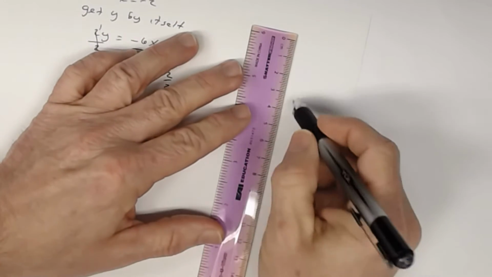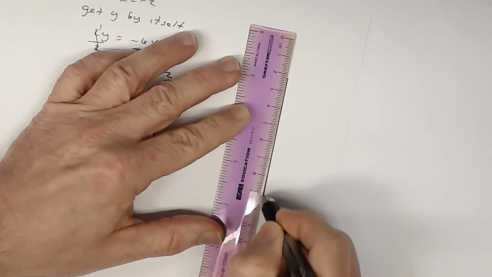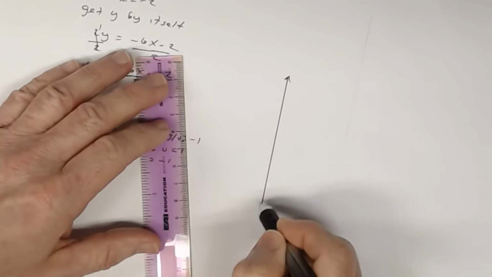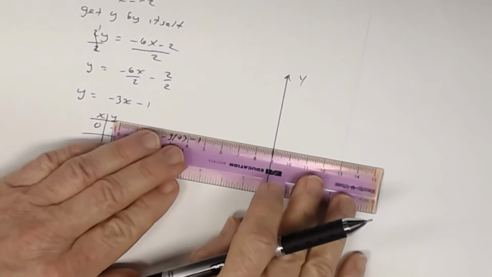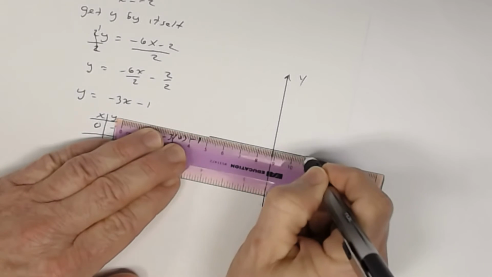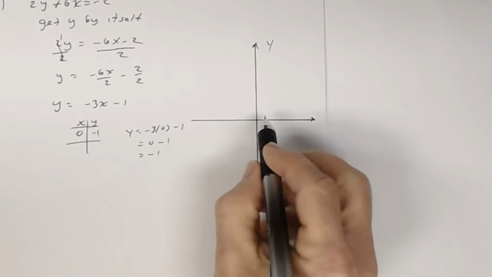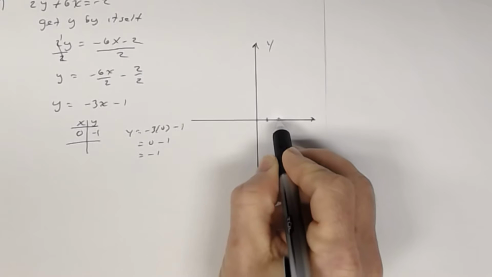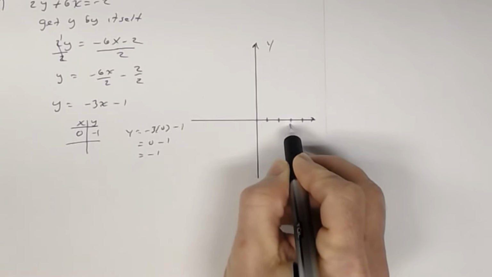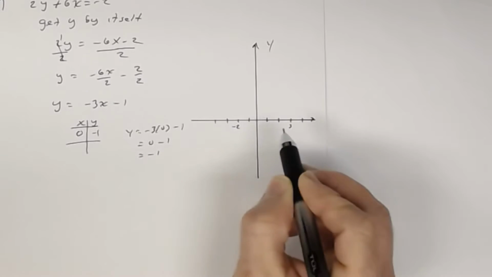So what you're going to do is draw, using a ruler, your y-axis, and you're going to draw your x-axis, and I'm running out of space here, and you're going to do 1, 2, 3, 4 like that. Negative 1, negative 2, negative 3, negative 4.